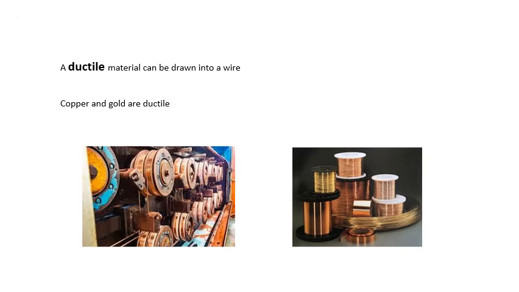If you grab the ends and put it in tension, it'll get thinner and thinner in the middle. You draw it into a wire. Copper and gold are ductile materials. The first photo shows making copper wire by stretching it. The second photo shows some precious metals like silver and gold, which are used in jewellery. They are ductile materials; they can be drawn into wire.